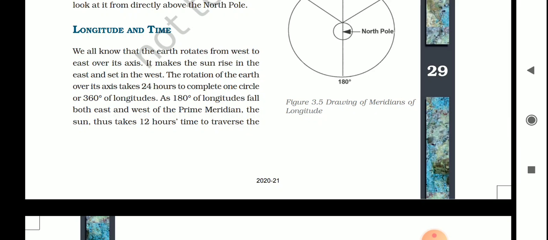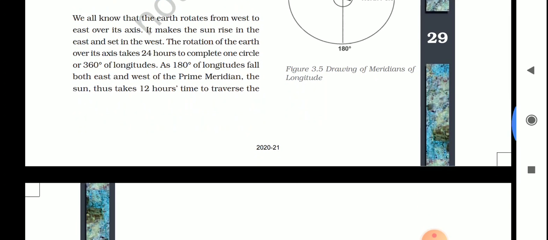So in order to bring uniformity, we have Indian Standard Time, IST, which is 5:30 hours ahead of the international Greenwich prime meridian.